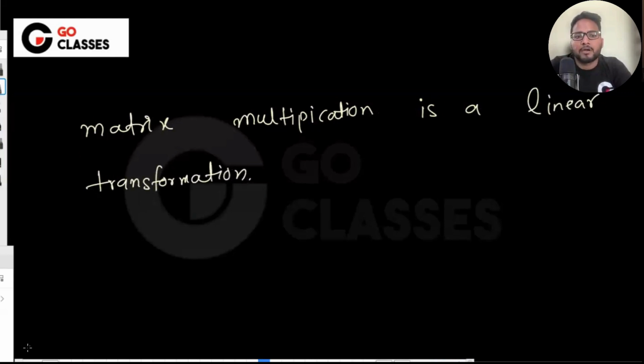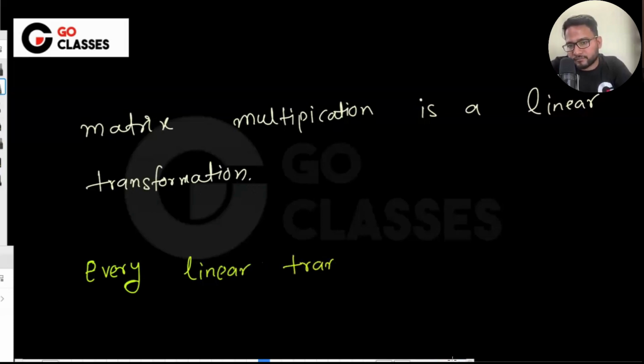Now, there is one other property which is also very interesting, that it is both ways, which means every linear transformation can be represented with a matrix also. I will show you how, but let me first write it. Every linear transformation is just a matrix multiplication.